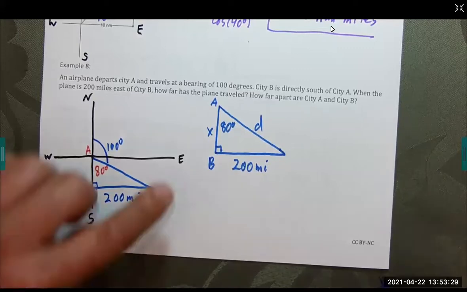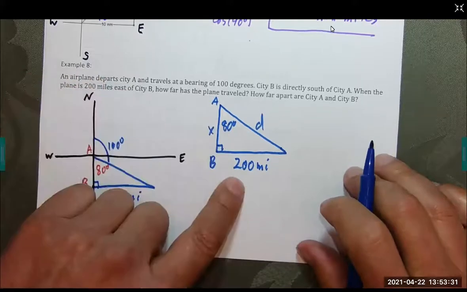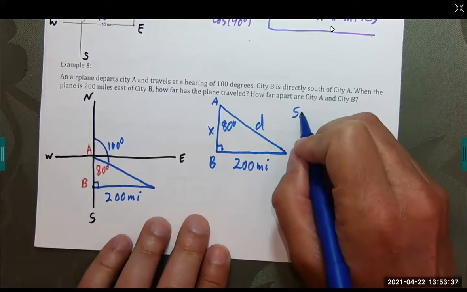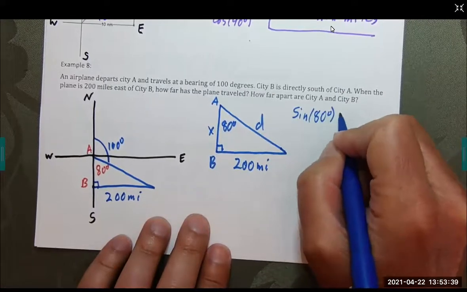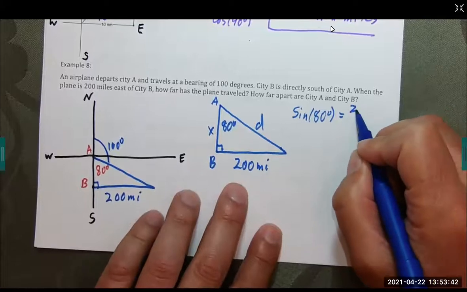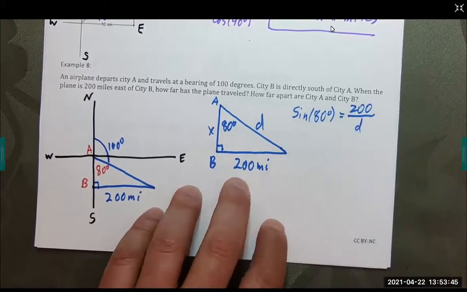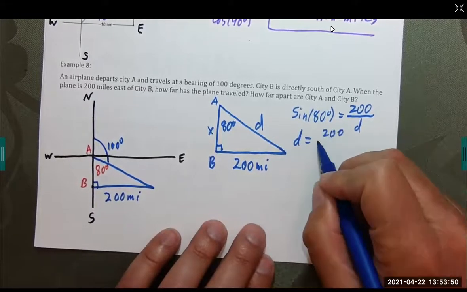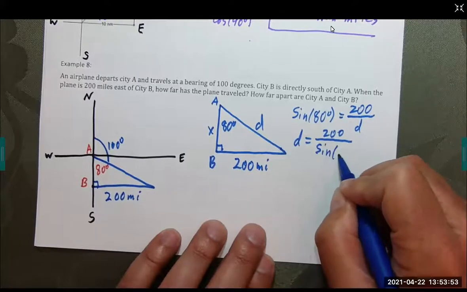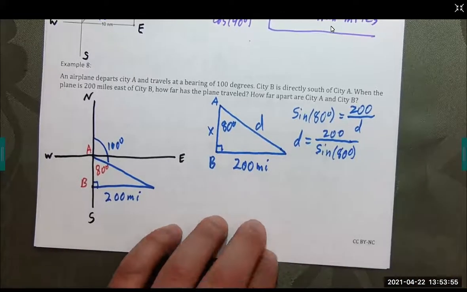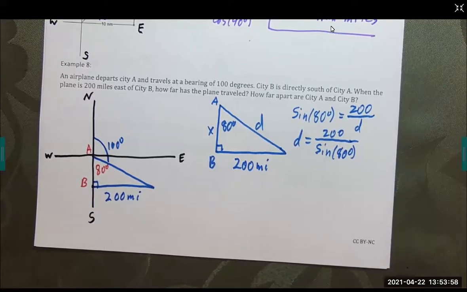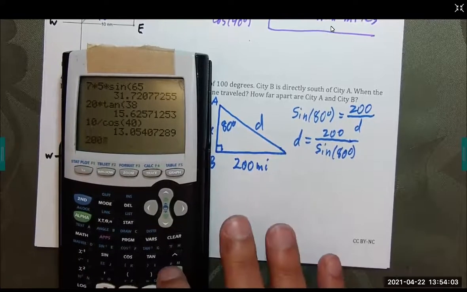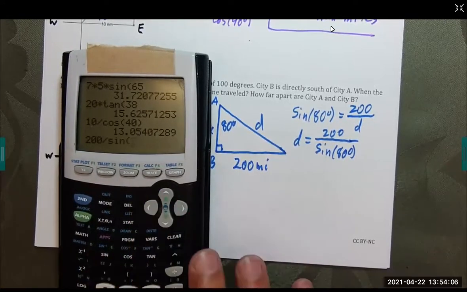Well, relative to the 80 degrees, the opposite to the hypotenuse, that's sine. So the sine of 80 degrees is the opposite, that's 200 over D. This means that D is 200 over the sine of 80 degrees.